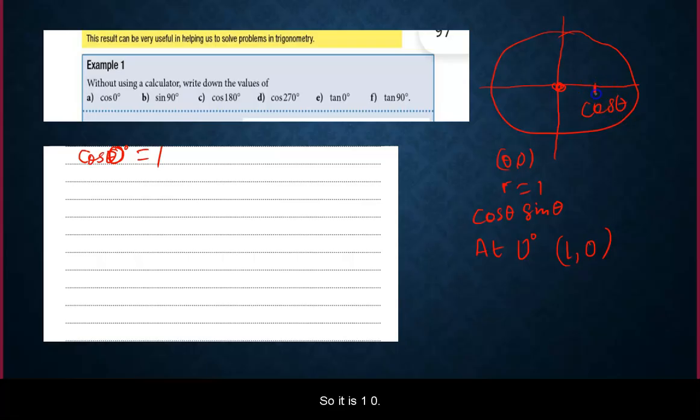We know, conceptually, that cosine is in this first quadrant. So the coordinate of this point on the unit circle is 1 on the x-axis, 0 on the y-axis. So if you are asked cosine of 0, it is simply 1. Now look at the next. What about sine 90 degrees?